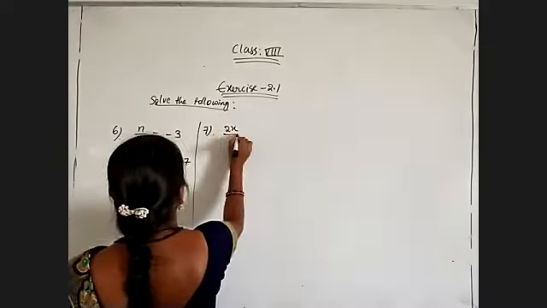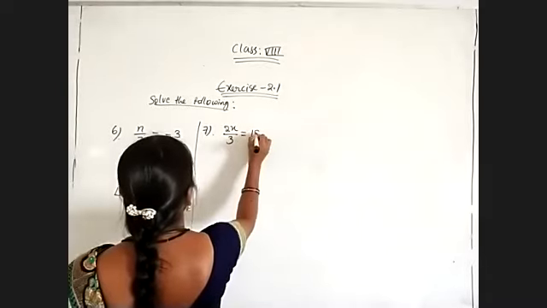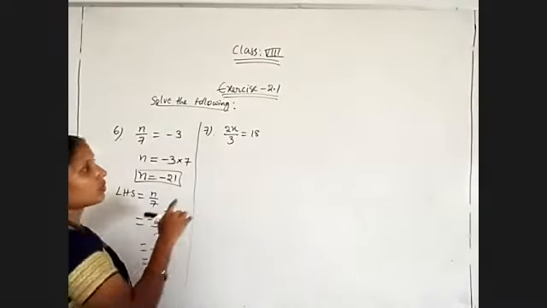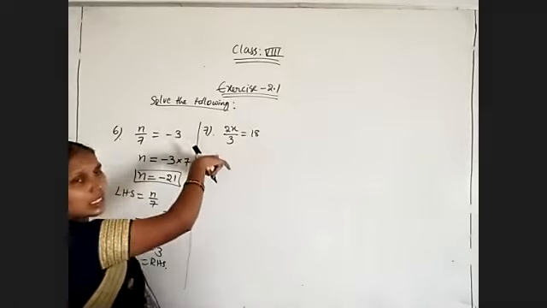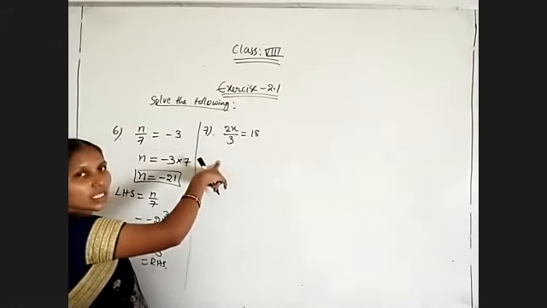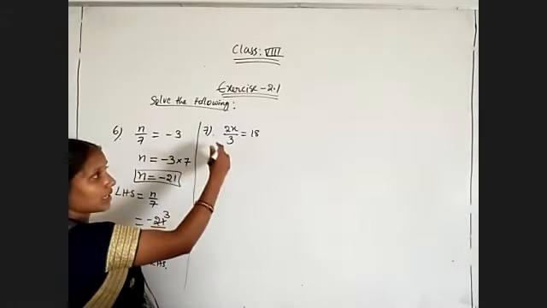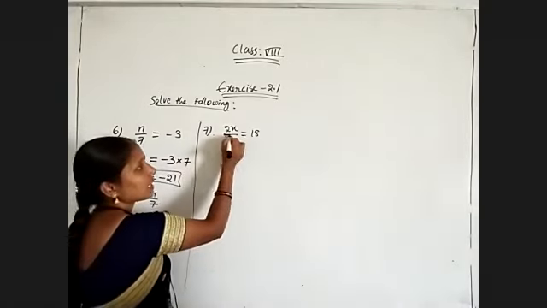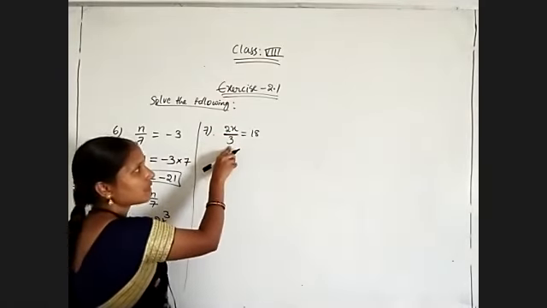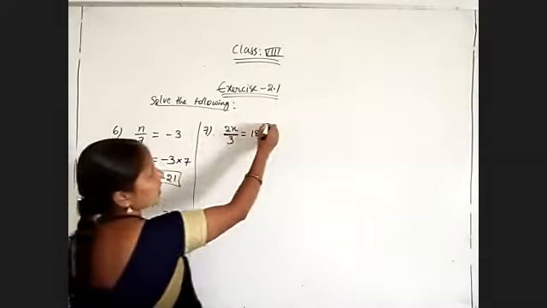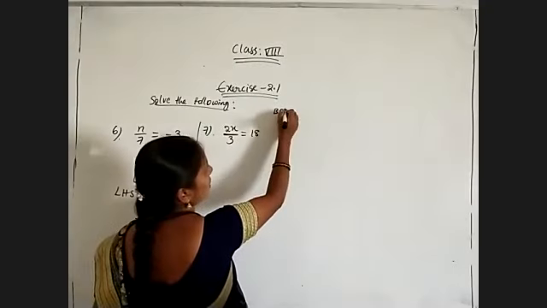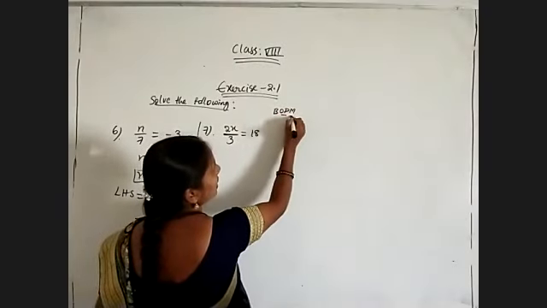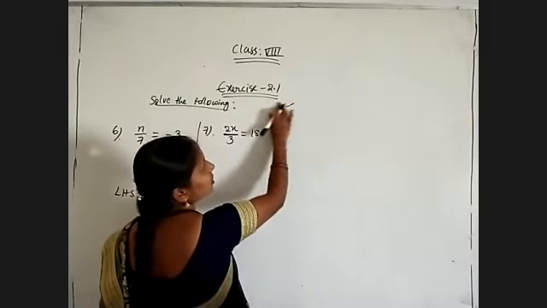2x by 3 is equal to 18. First of all, we compare step by step. Otherwise, we can also do it in a single step, but I am going step by step. Here division is there. We know that according to the BODMAS rule, the first priority between division and multiplication goes to division only.